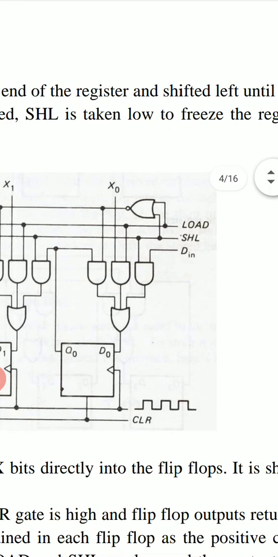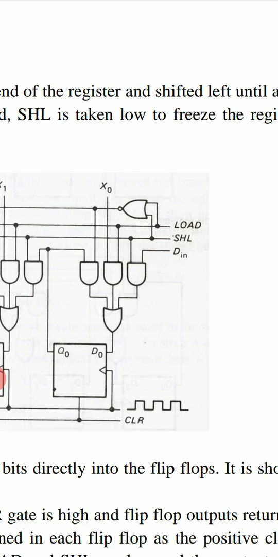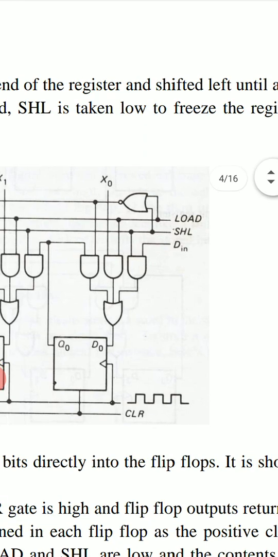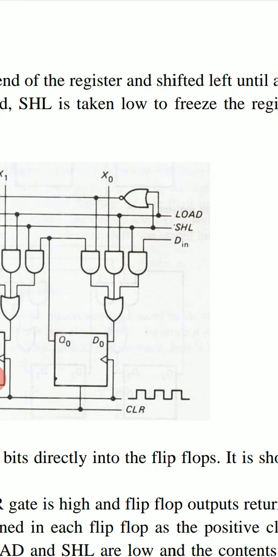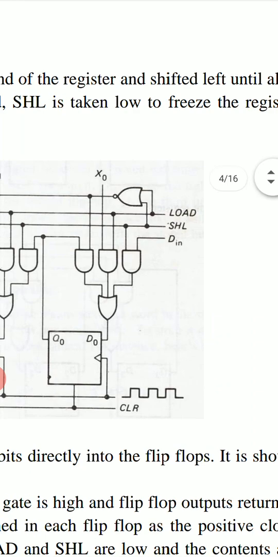Inputs of the left AND gate are Q0, which is the output of this D flip-flop, and the output of this NOR gate which has inputs load and SHL. This middle AND gate is additional. Here the inputs are load and X0.